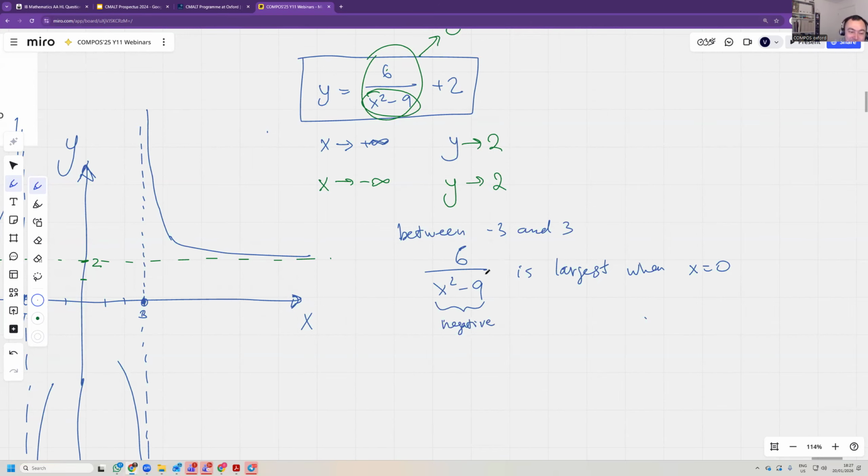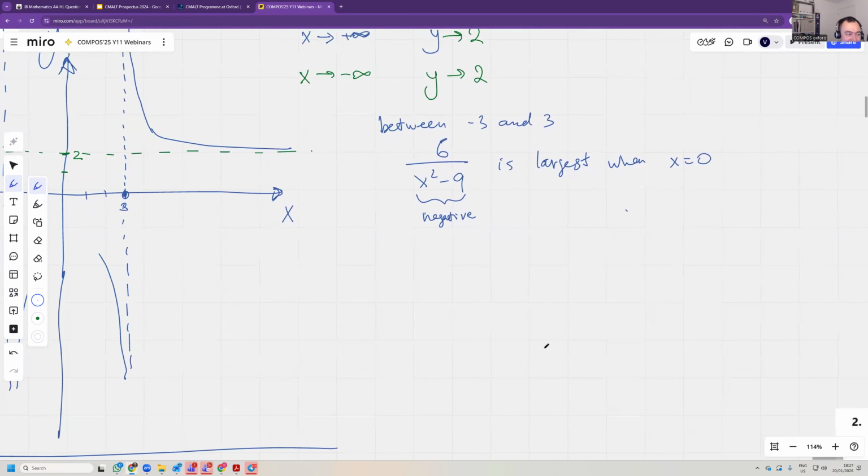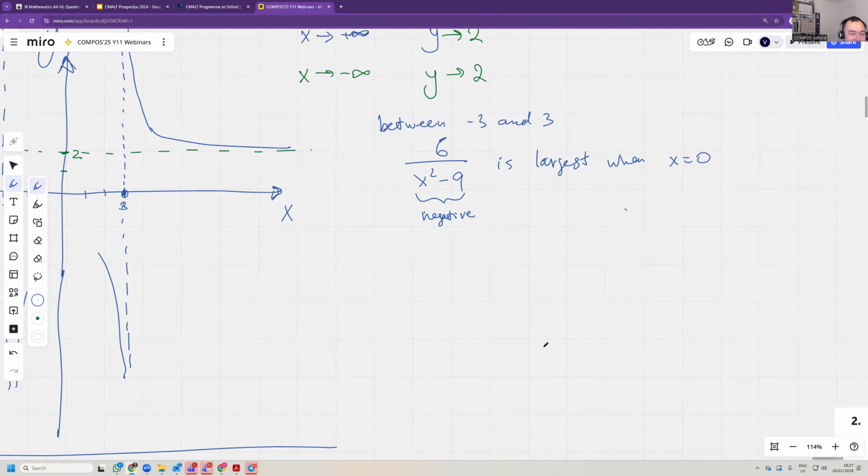And well, we can check that. Yes, so this thing is negative.